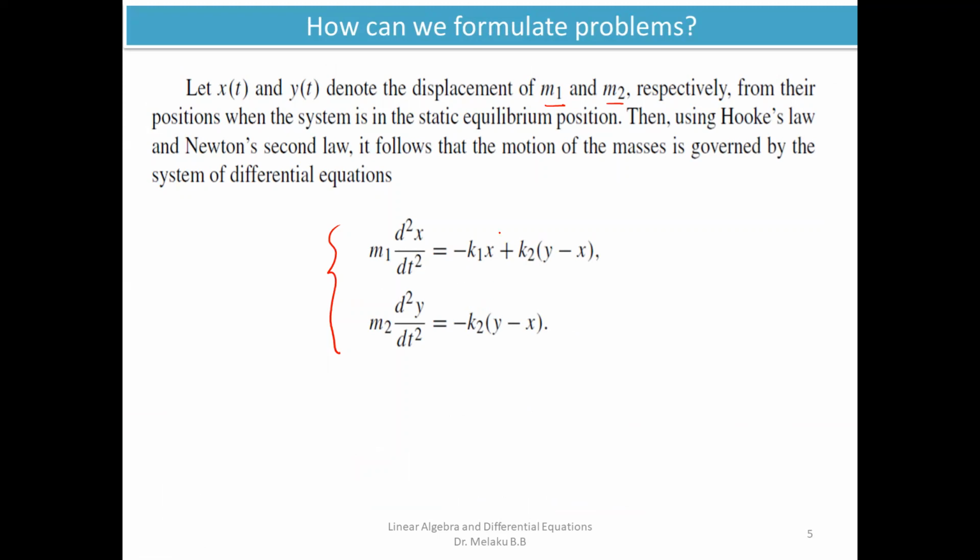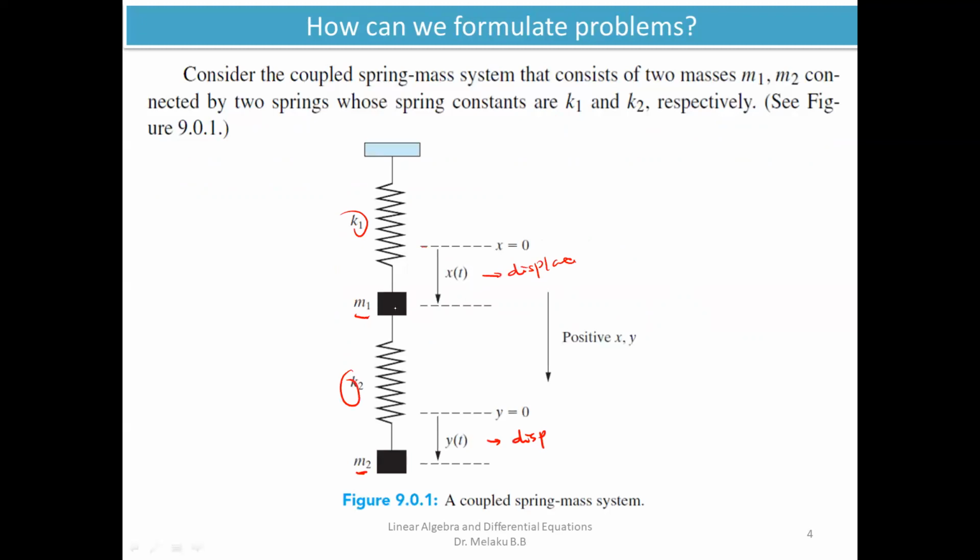And if you remember Hooke's law and Newton's second law, by combining Hooke's law and Newton's second law, we can form the motion of the two masses by these two equations. So this one is mass and this one is acceleration. And this one is what? K1 times x is Hooke's law due to mass 1, because there is some extension, you can see it here.